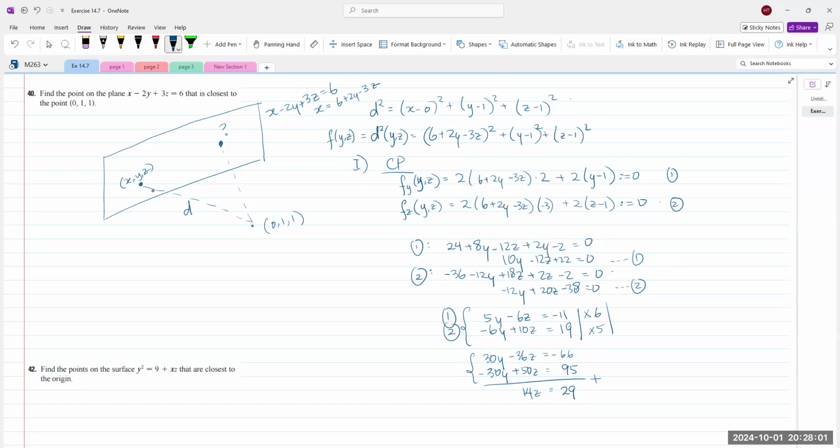I didn't expect that number to be that ugly. Let me check my computation. I think I did it all correctly.